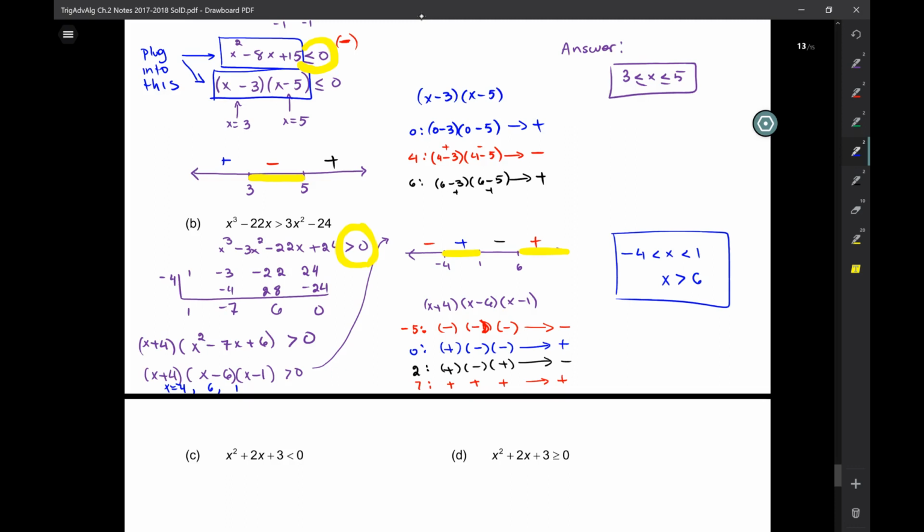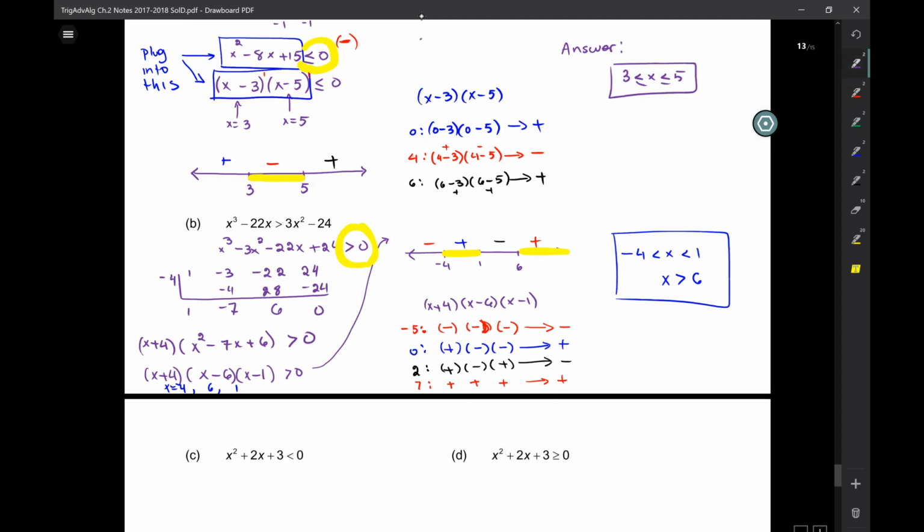Okay, now here is a little secret. Don't tell anybody this. When you factor it like this and you get them in parentheses, take a look at this parenthesis. It's x minus 3 exponent 1. Look, it's x minus 3, there is no exponent, so it's like exponent 1. x minus 5 exponent 1.